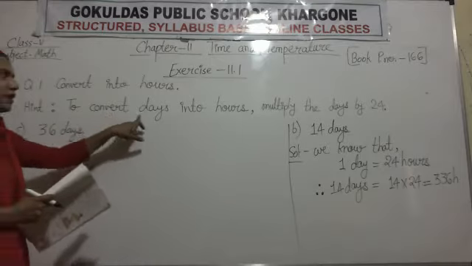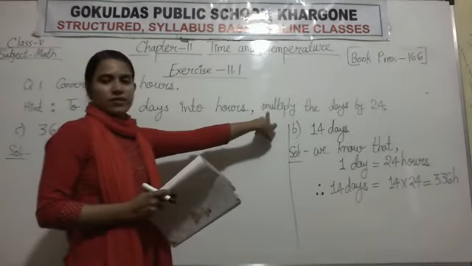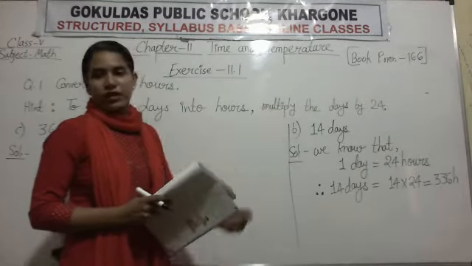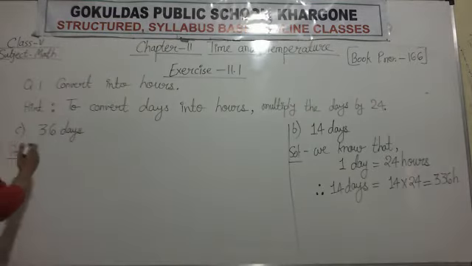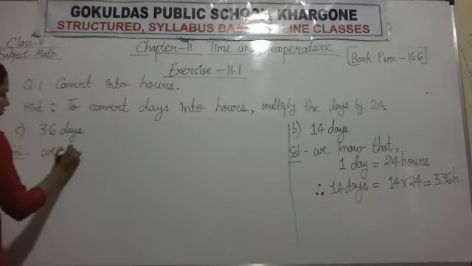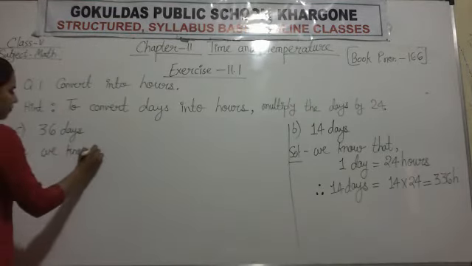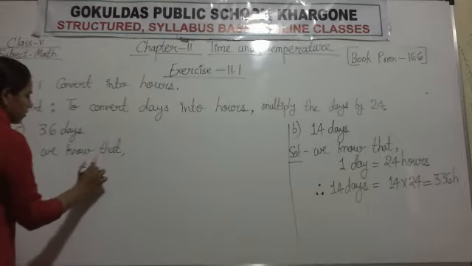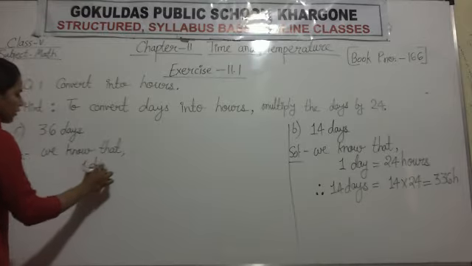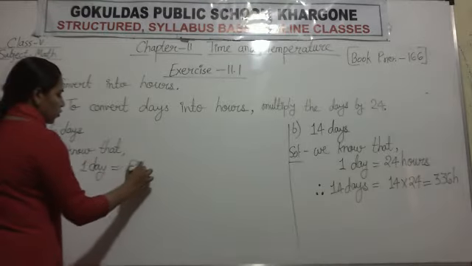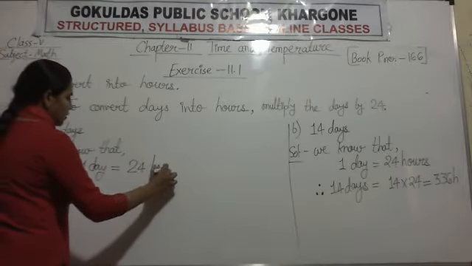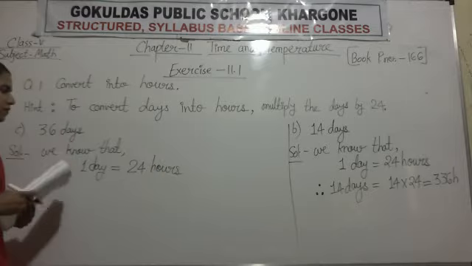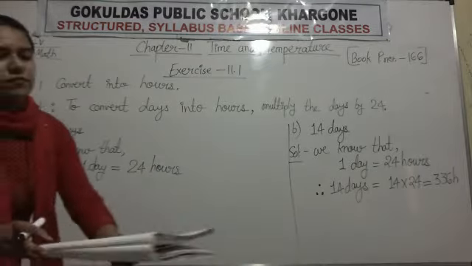So to convert days into hours, what is the hint? Multiply days by 24. So we first write, we know that 1 day is equal to 24 hours. This thing we already know.